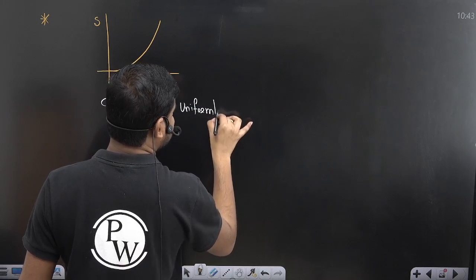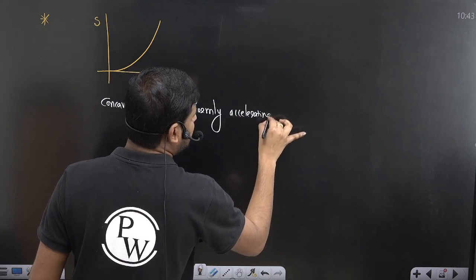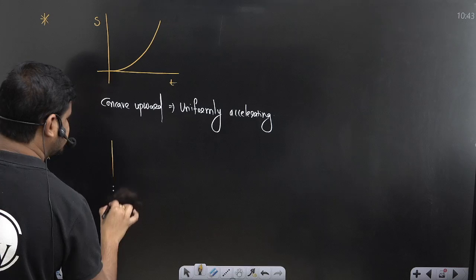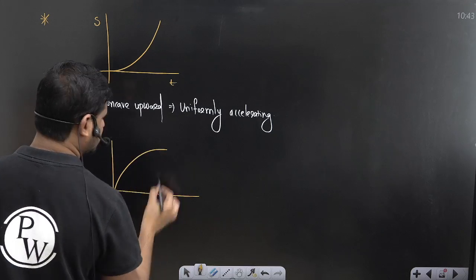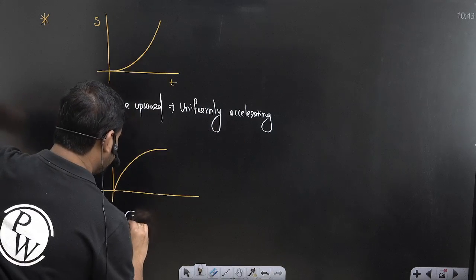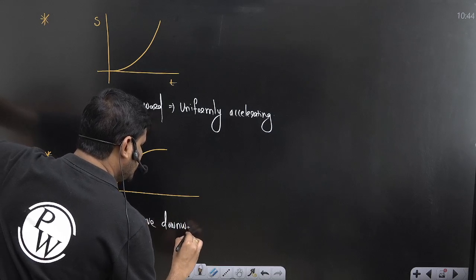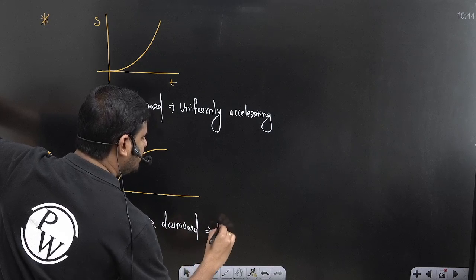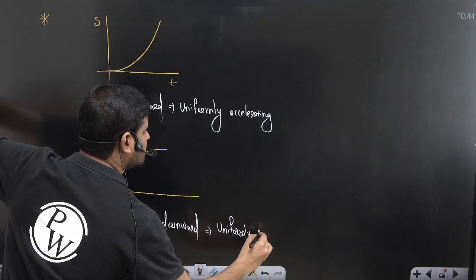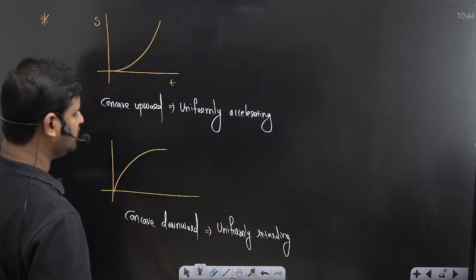If the ST curve is concave downward, then it's uniformly retarding. The concave downward case is going to be uniformly retarding.